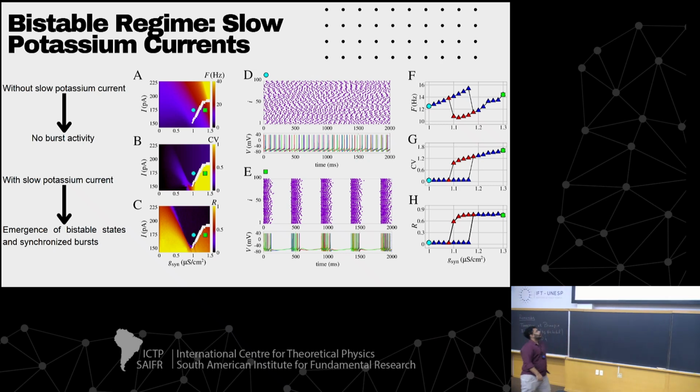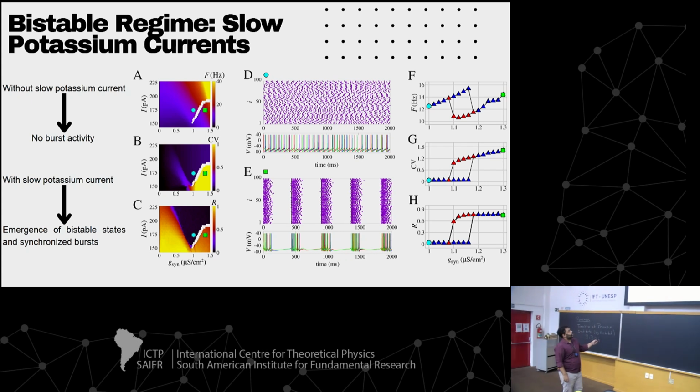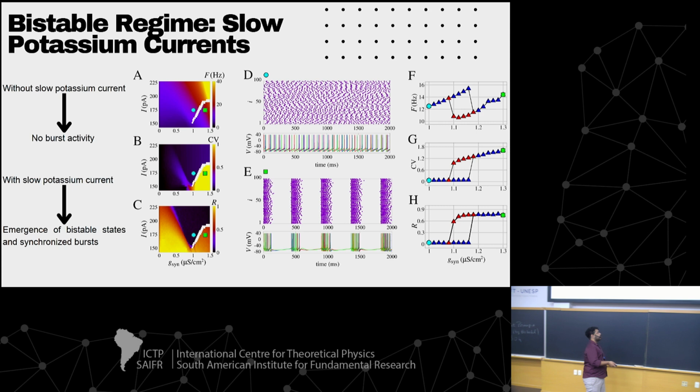Here we have a parameter space again, of the external input and the coupling strength. The white region are the bistable states that we can observe, and they are in these regions of the transition from spike to burst. Here we also have those big regions of burst synchronization that are closely related to seizures.